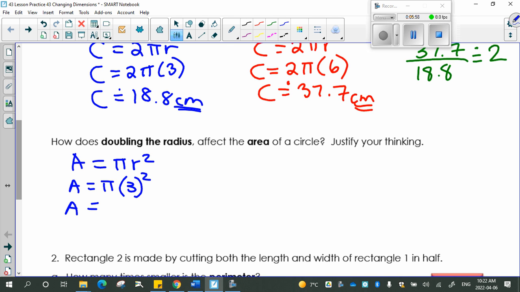Okay, what did anyone get for this? Anyone calculated yet? 28.3, that's what I got. So 28.3, and what are the units for area? Centimeters squared for area. Okay? All right, so now let's find the area for the big circle.